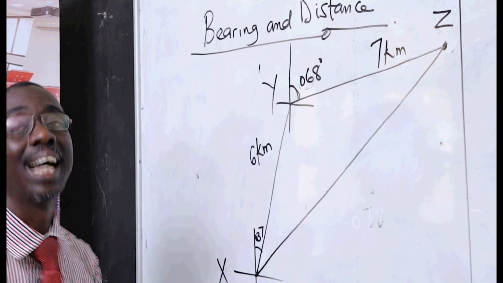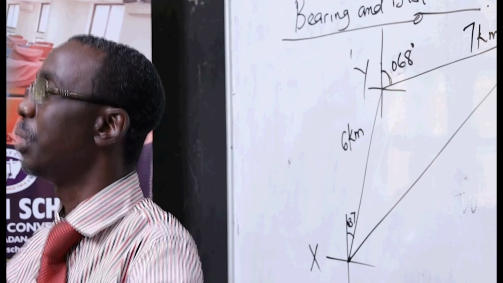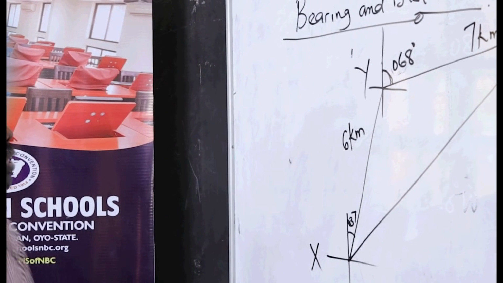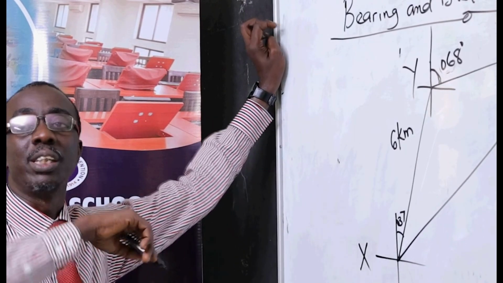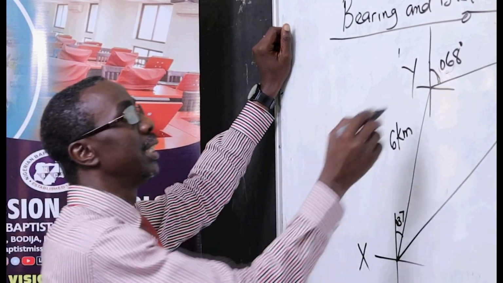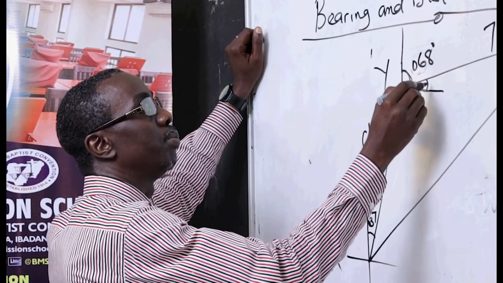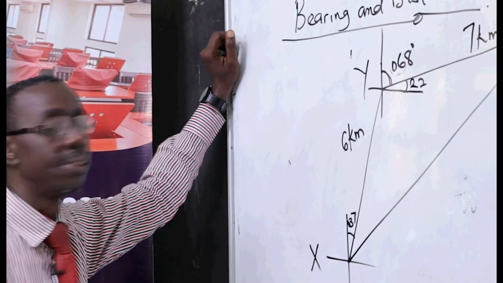But after doing that, before you can do anything, you need to work on the information given to you so that you can at least have an angle inside your triangle. Work on the information given to you in terms of the bearing. Using this quadrant, you will agree with me that the remaining angle here will be 22. Right? Yes, sir.